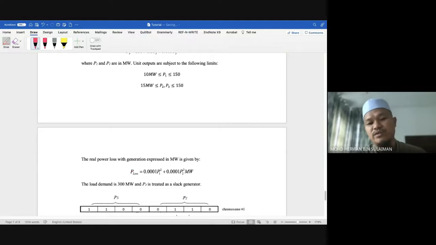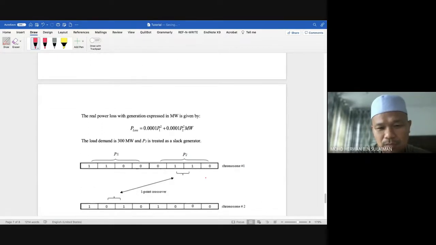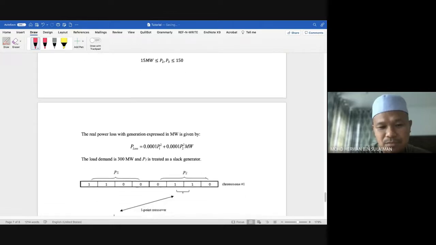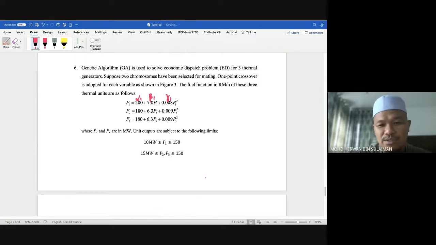When we do the real economic dispatch problem, we will include everything, but it is quite troublesome because sometimes we need to apply penalty functions. So for examination purposes, the question is simplified just to test whether you understand or not.